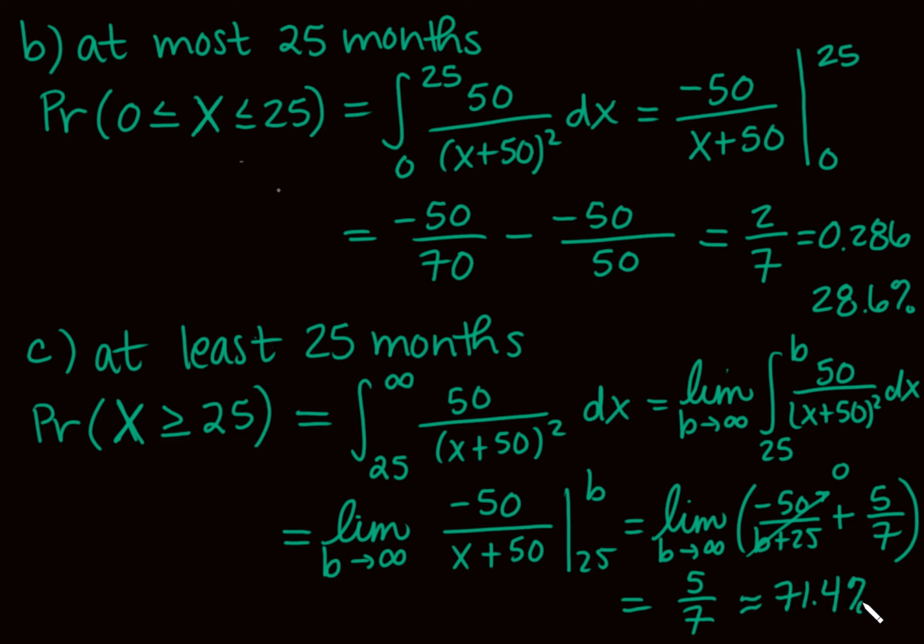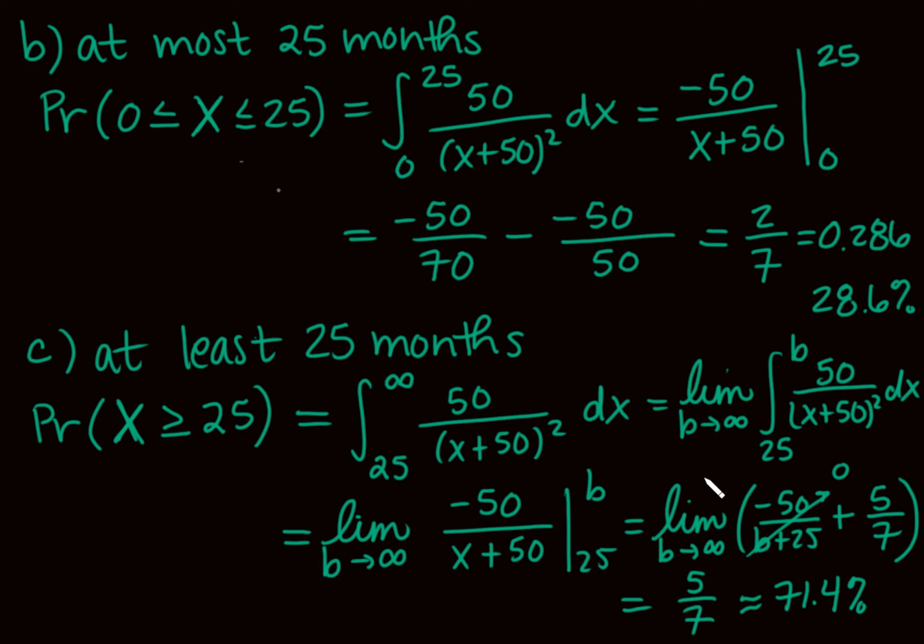Now, people, this should be making sense to you. Well, it's easy to say that. But look at what I found in B. In B, I wanted to know the probability that the shelf life is at most 25 months. That's 2/7. And then I found the probability that it's at least 25 months. That's 5/7. So that makes sense, right?